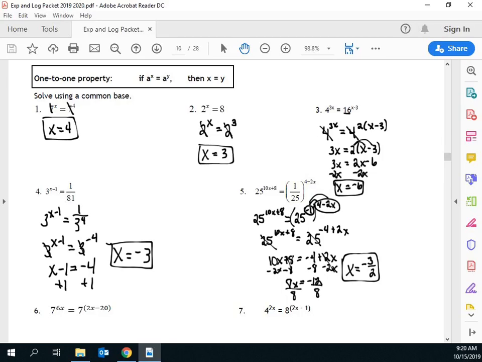Always fraction form, please. Always fraction form answers. I mean, granted, you will have a calculator for this test, but just leave them all in fraction form, please. All right, guys, I'm going to let you do the last two.